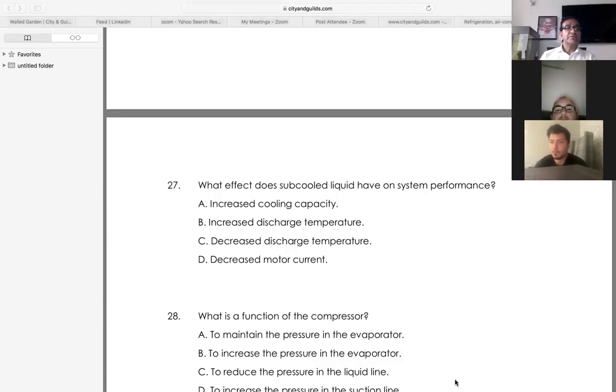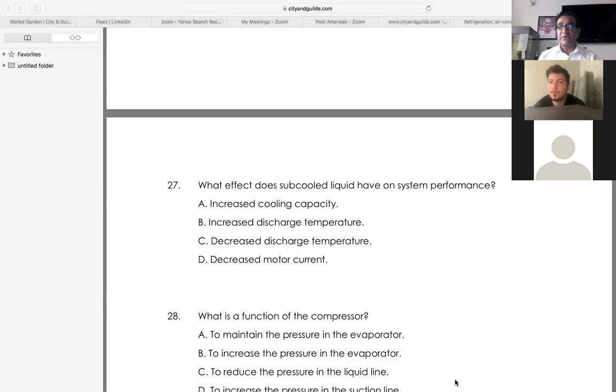Oh, I can't see what you're seeing, Paul. You can't? Okay, sorry. Resume share. What do I want? I want the pressure enthalpy diagram. That's all I want. I still can't see it. Okay, let me get something sorted out for you first. Let me get it up, and then I'll share screen with you in a minute.